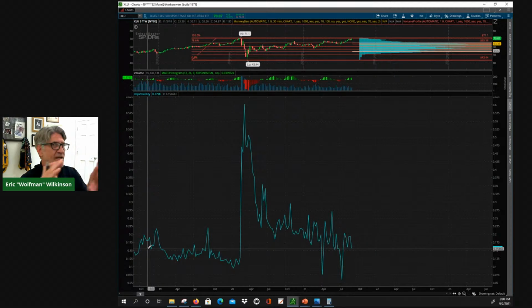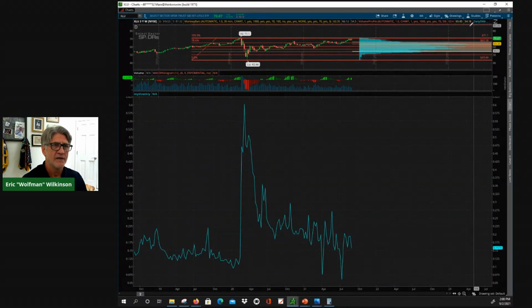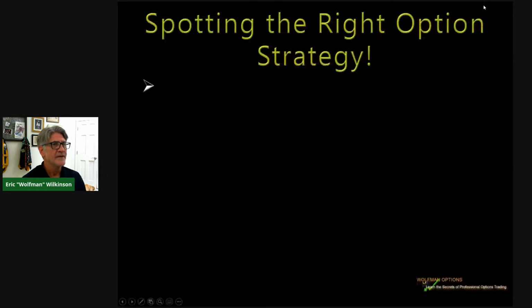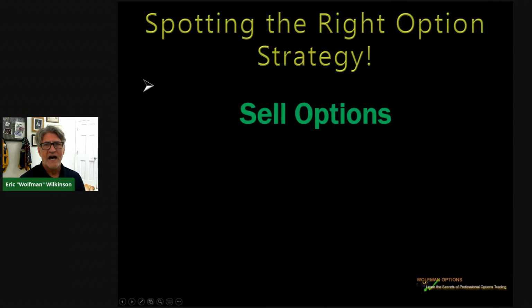So I'm expecting us to get closer and closer to normal volatility by 2022. All right, so we want to sell options because I know those premiums are expensive. Another thing I'm thinking is if we start trending sideways, volatility will come out, all right?